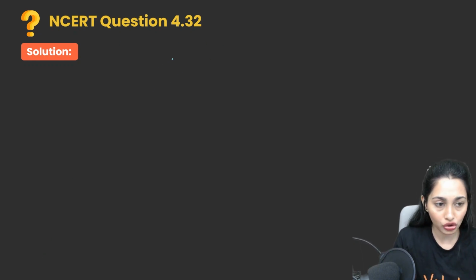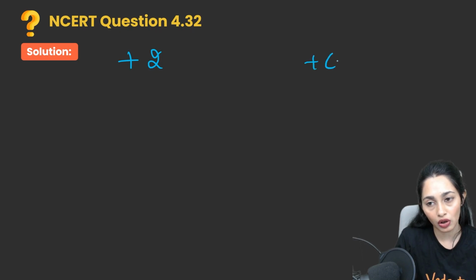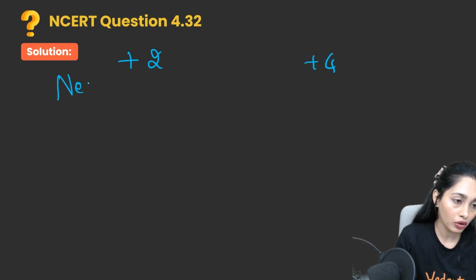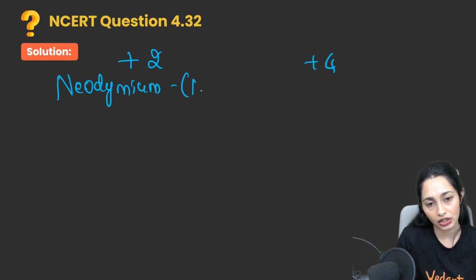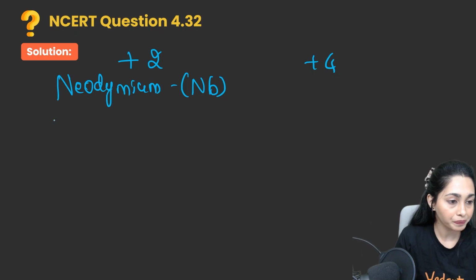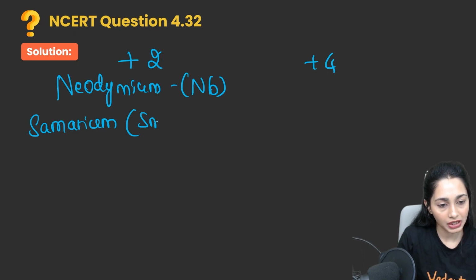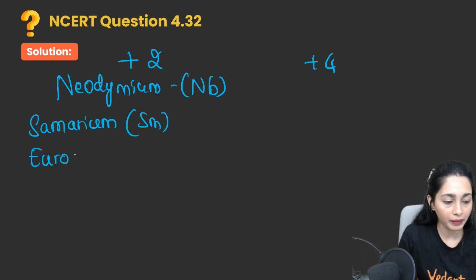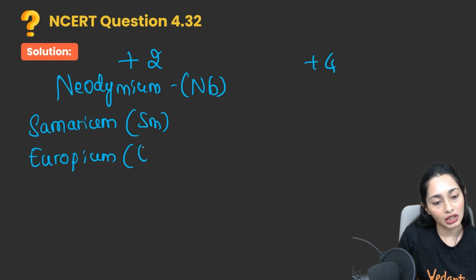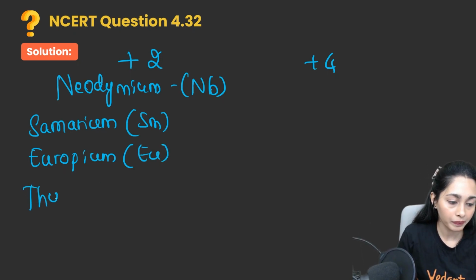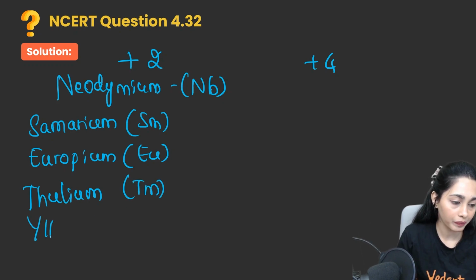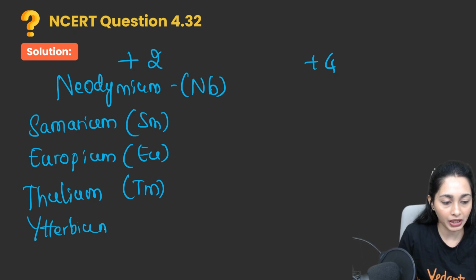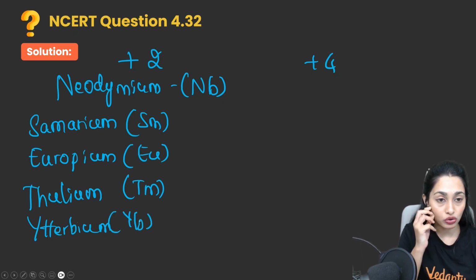Whichever shows +2 oxidation state: neodymium, Nd, samarium, Sm, europium, Eu, thulium, Tm, and ytterbium, Yb. These are a few of the elements which show +2 oxidation state.